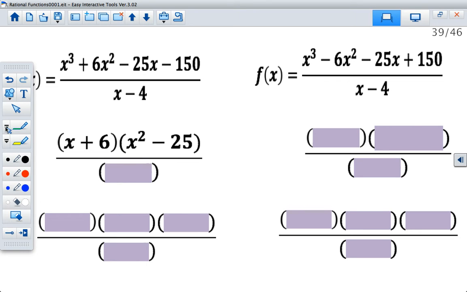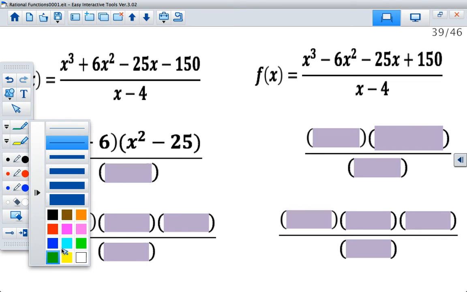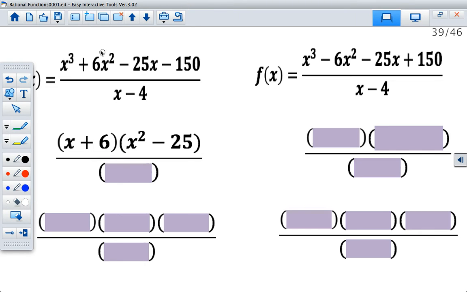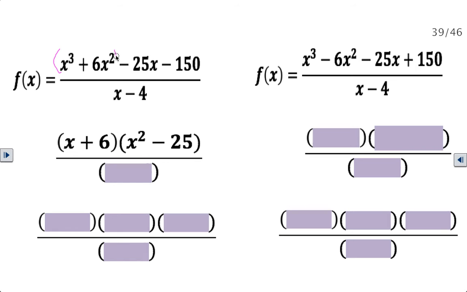I'm going to change my pen color to pink. Pink is close to purple, right? In order to group this, we break this down into these two sections. Then you look at this section and ask what both of these terms have. They both have an x squared.